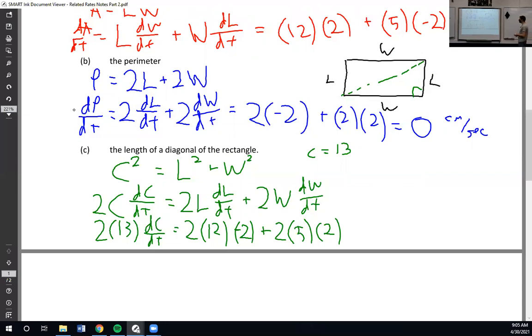So when I solve for that, this time I have a -24. 10 is, I'm dividing everything by 2. Let's see, that's going to be a -14 divided by 13. So dC/dt is -14 over 13 centimeters per second. So that one is using Pythagorean theorem to solve.